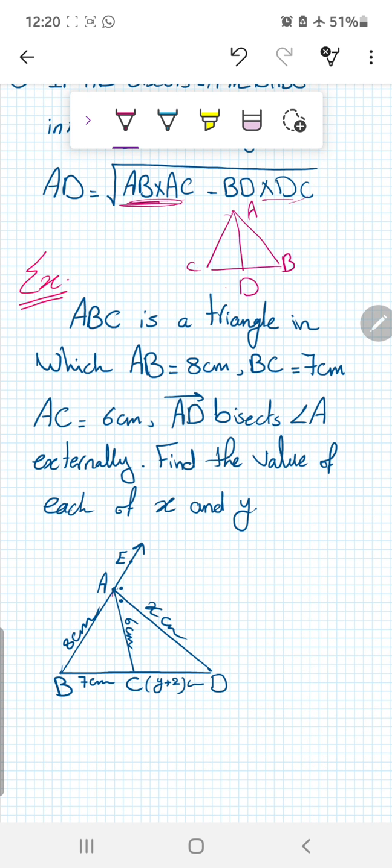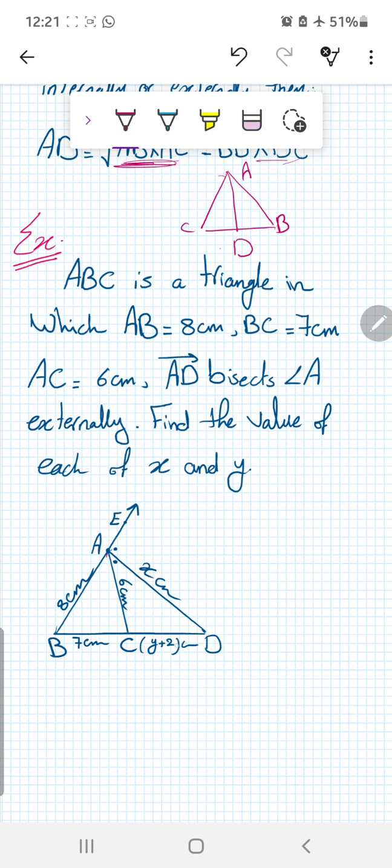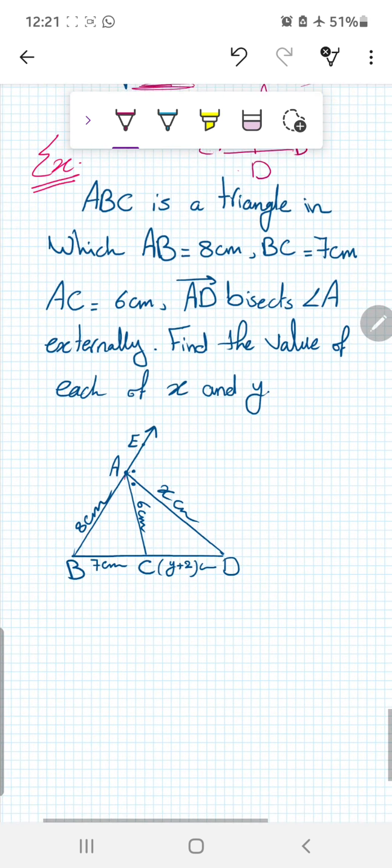If ABC is a triangle in which AB equals 8 centimeters, BC is 7 centimeters, and AC is 6 centimeters, and CD is Y plus 2. We have here AD bisecting angle A externally.